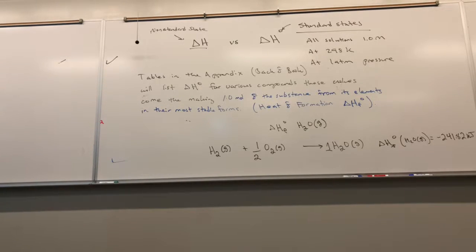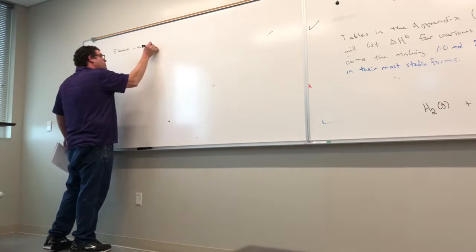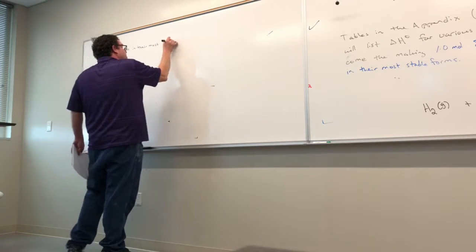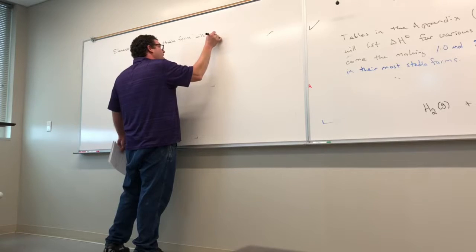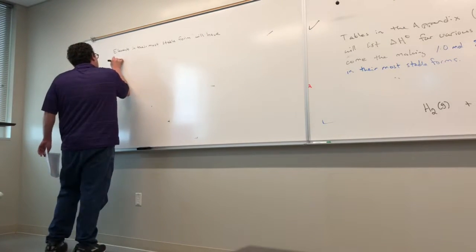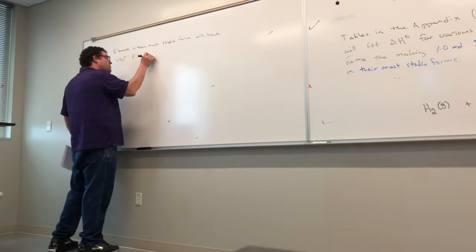Now, if we're talking about elements in their most stable form, well then that's saying that those elements are basically kind of like a baseline. So elements in their most stable form will have a heat of formation of 0.